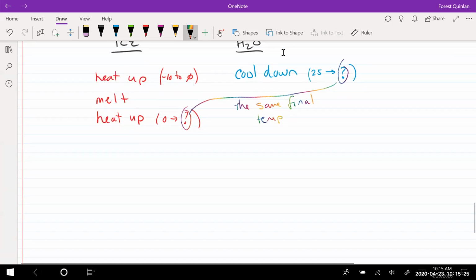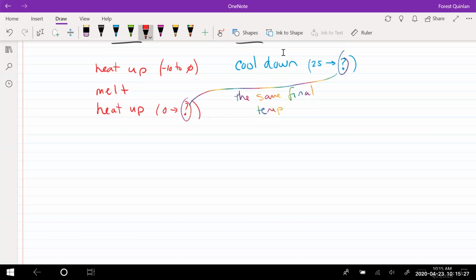So if we look at the ice, and I'm going to do the ice in red, even though it's kind of weird to do that, the ice is going to go through an mCp delta T for ice. It's going to do an m delta H of fusion, and then an mCp delta T for the icy water.